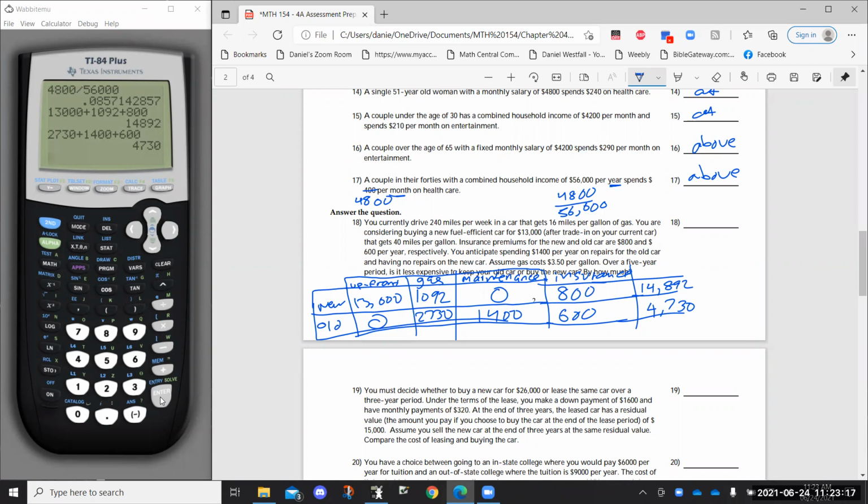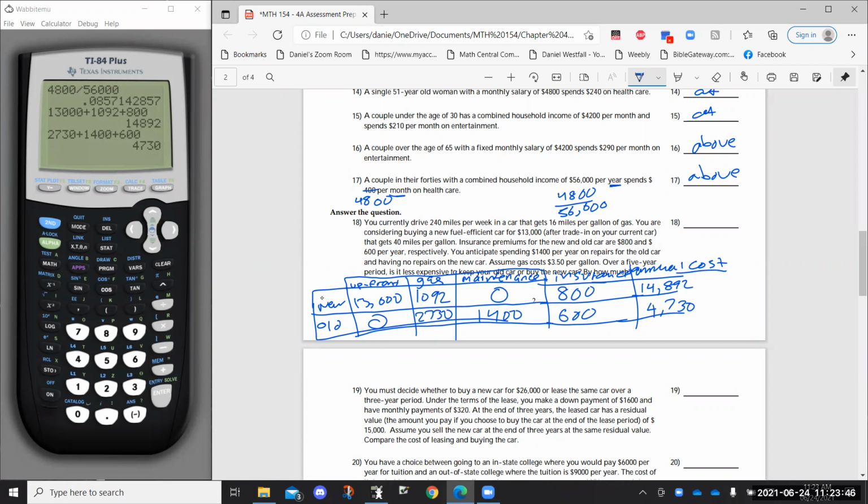So let's do that. This is my annual cost. Oh, let me take the 13,000 out.